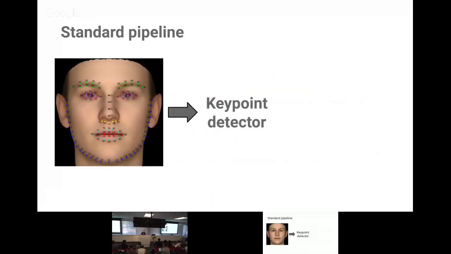So the standard pipeline for incorporating key points starts with annotating a whole bunch of key points and then using a supervised learning paradigm to learn a set of key point detectors, and then using these key points for downstream geometric reasoning tasks.